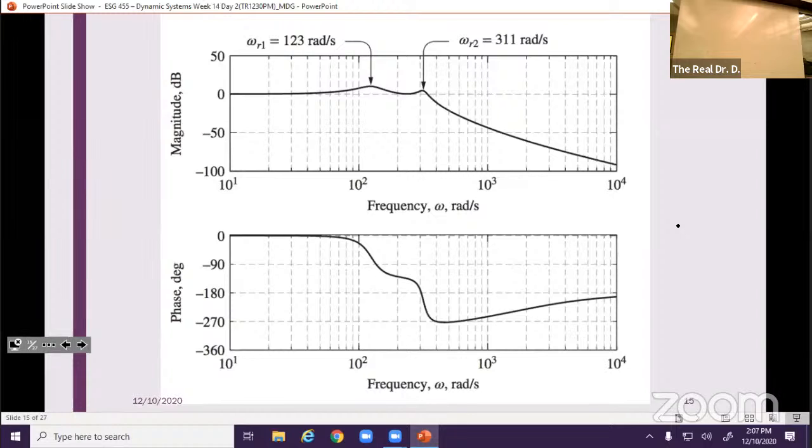So what can we pull off this magnitude plot? There's some interesting stuff. First of all, let me ask you this question. At what frequency will I begin to attenuate all vibration? Approximately. Which one? No, that's the beta.